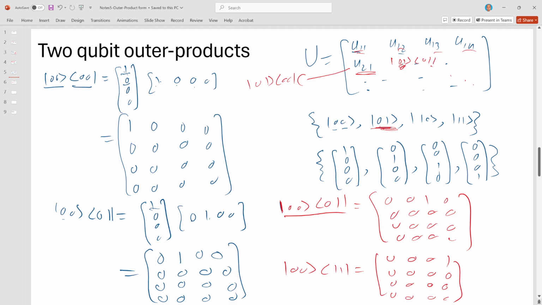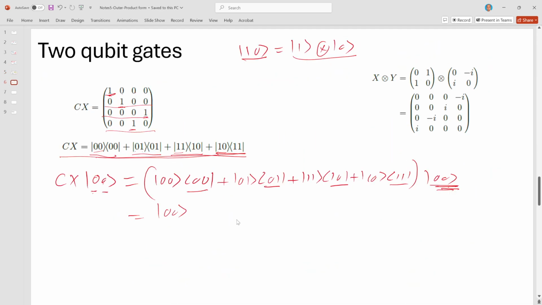We can easily check that if we take the inner product of any two of them, the answer would be 0, because they have 1 at different positions. So these three inner products are 0, and we are left with only this.